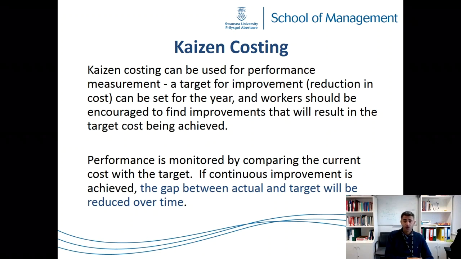Because one of the things when a business sets up budgeting, a lot of businesses don't really achieve the budget cost. Some go over it, and some go below it. But again, Kaizen Costing can help reduce the gap between the actual cost and the target cost.